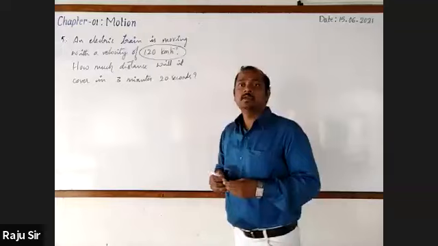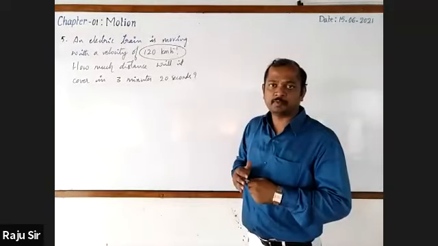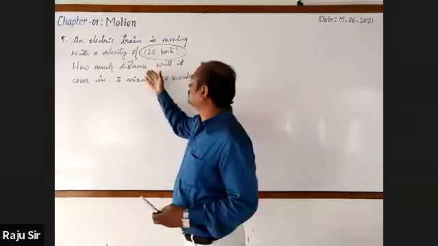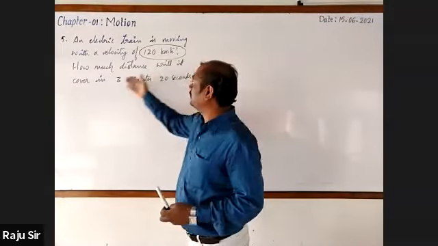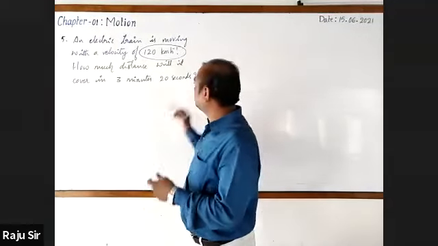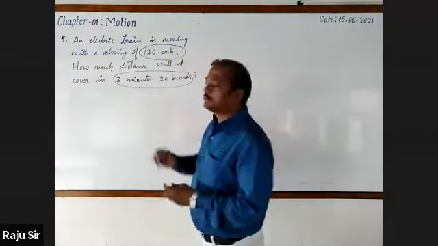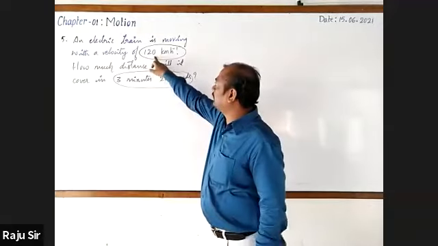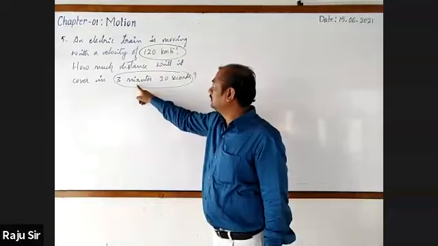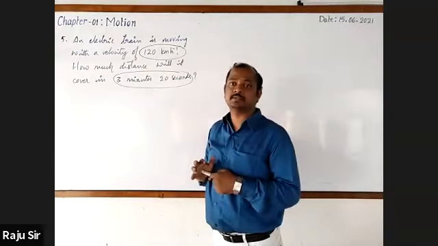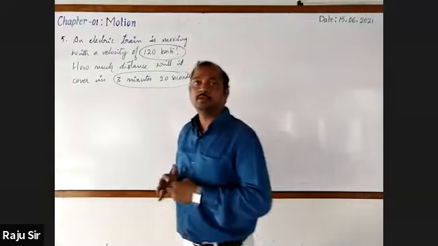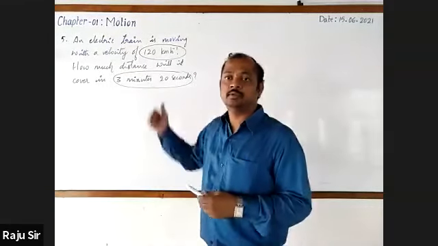So here, its velocity is given. You are going to find out how much distance it will cover in 3 minutes 20 seconds, which means that the train will move with a speed of 120 kilometers per hour for 3 minutes 20 seconds. With this information, we have to find out the distance covered by the train within that time.